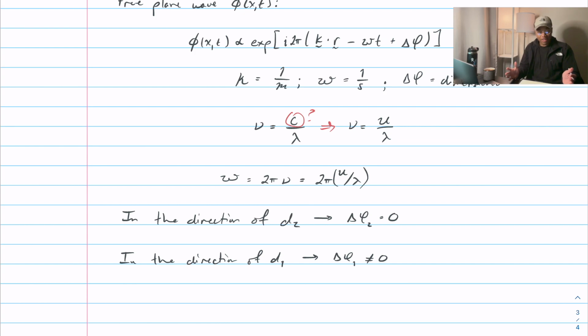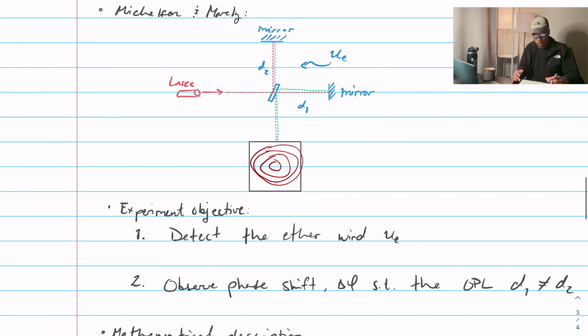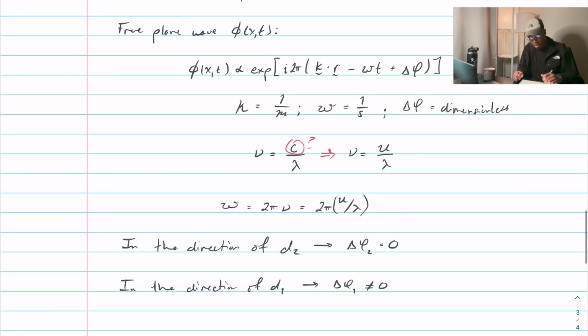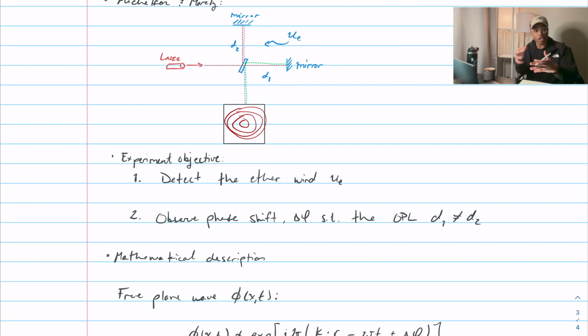That means that if we go back to the Michelson interferometer setup, as I mentioned before, if D1 and D2 in terms of the light is not the same, then these interference fringes will change. And so if there's a phase change induced in the direction of D1, then we'll see the interference pattern change, whether it's constructive or destructive interference.